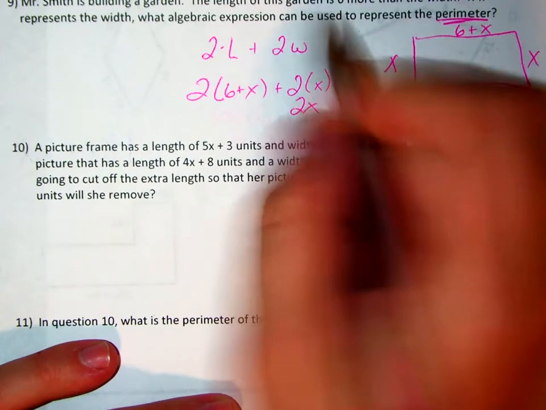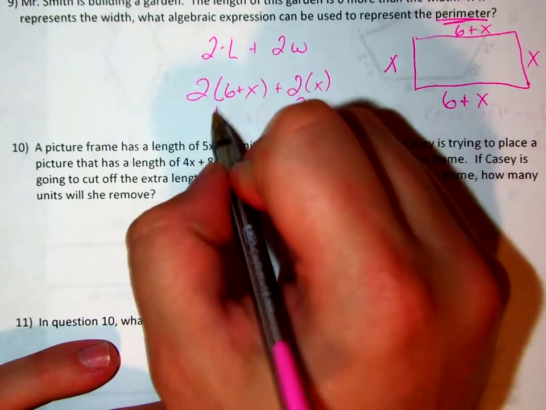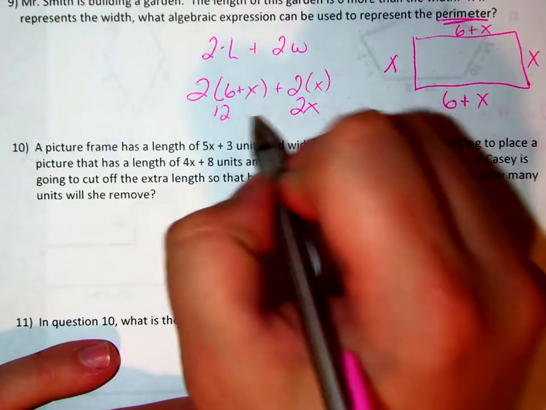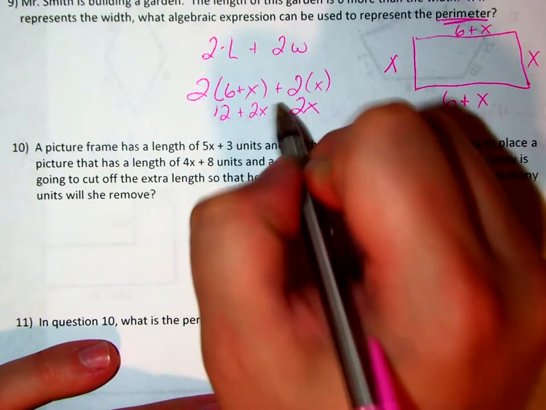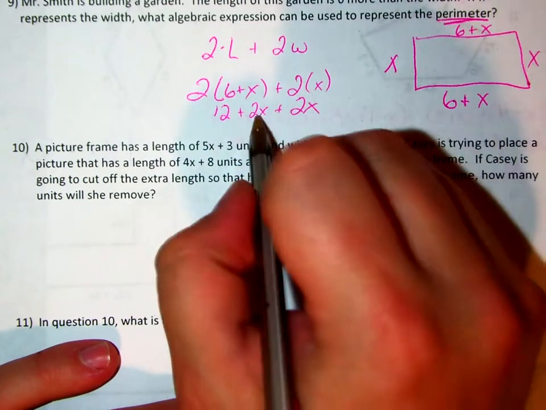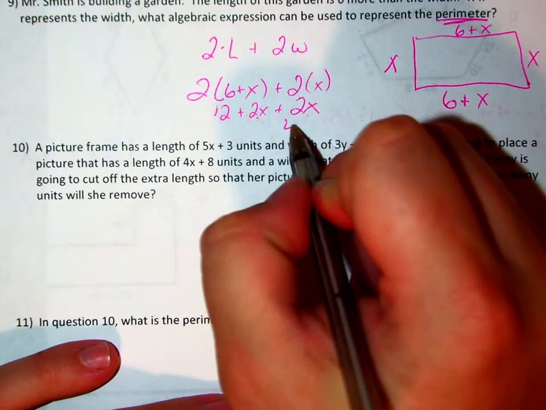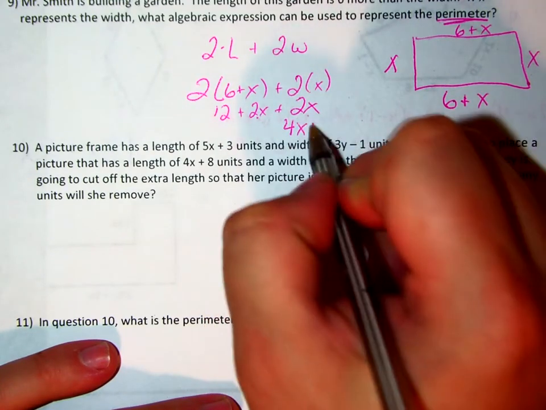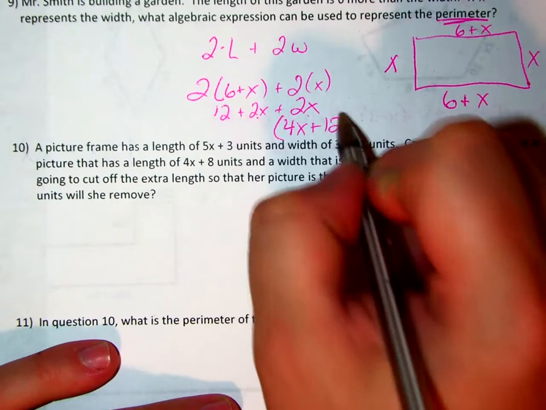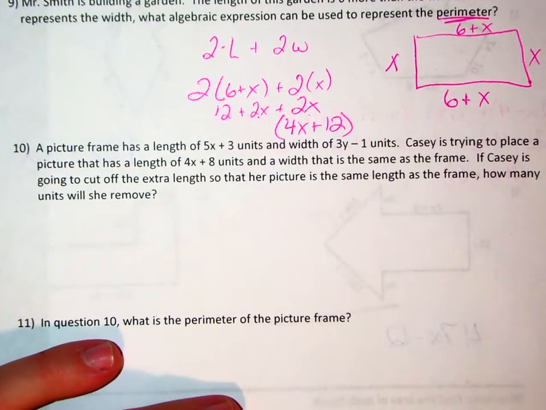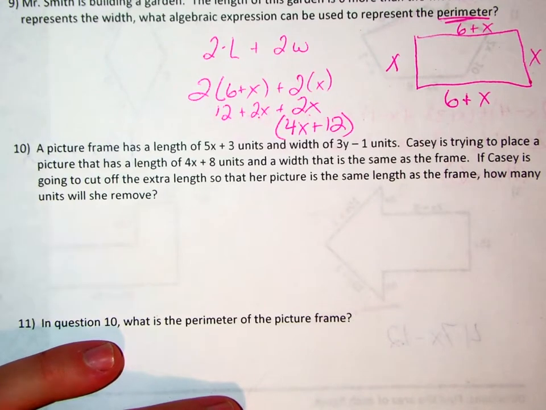So that would simplify to 2x. 2 times 6 is 12. 2 times x is 2x. So then I can see I have 2x and 2x. That's 4x plus 12. That would be an algebraic expression that can be used to represent the perimeter.